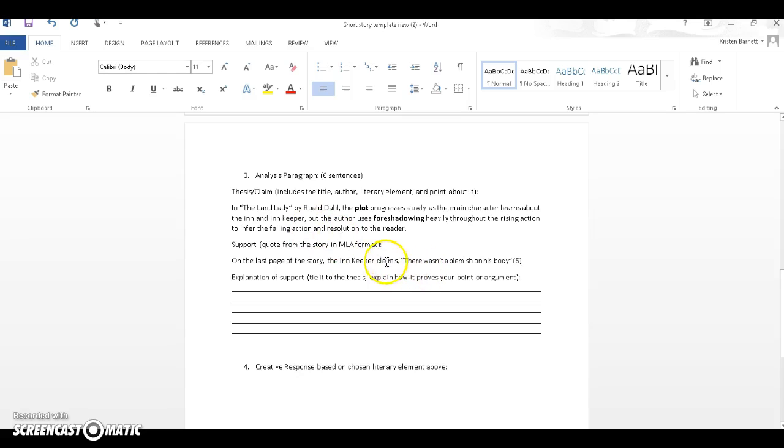So I introduced it, comma, quote, and there's the quotation mark. Quote, parenthesis, page number, parenthesis, period. That's correct MLA format. So on the last page of the story, the innkeeper claims there wasn't a blemish on his body. There is a lot of foreshadowing here. This is just one, so you get more evidence, but just for the sake of this video, there's one.